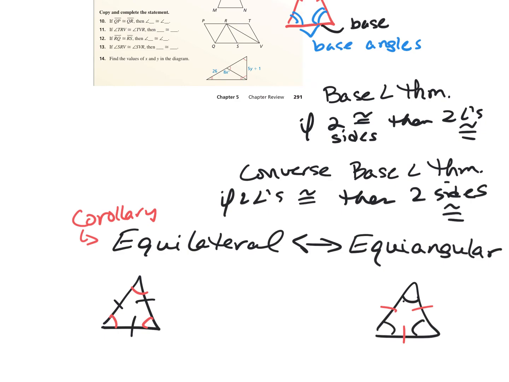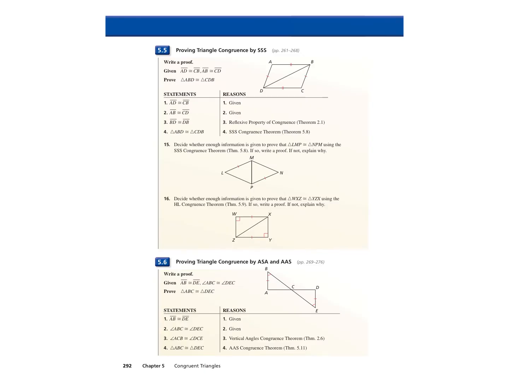Then in 5.5, this is where we learned the SSS, or side, side, side shortcut. So if I give you a picture and I say, what shortcut could you use to prove the triangles are congruent, be able to recognize which one you would use.